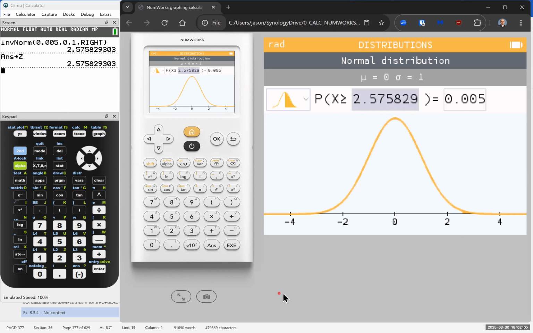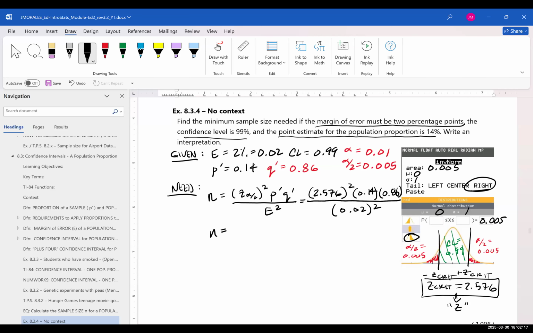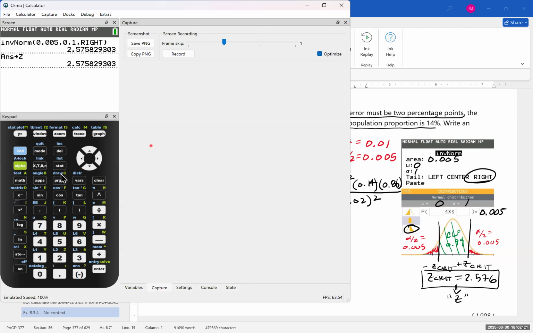Now let's simplify this fraction. This is everything in the numerator.